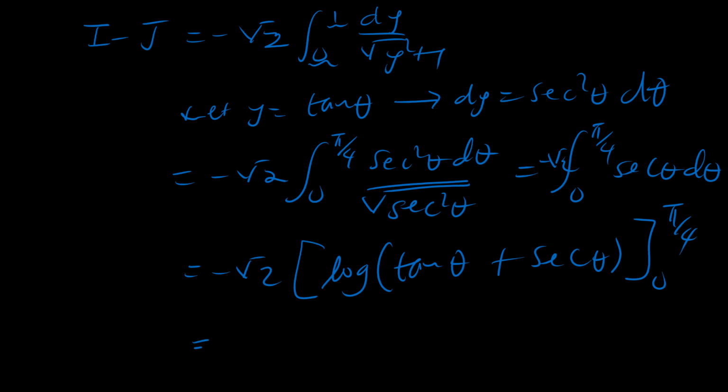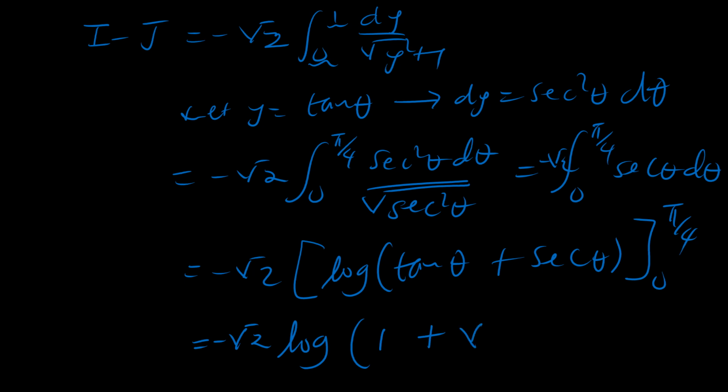So this is negative root 2 log; at pi over 4 we have tan equal to 1 plus sec theta, which is 1 over cosine theta, which is going to be root 2 over 1.